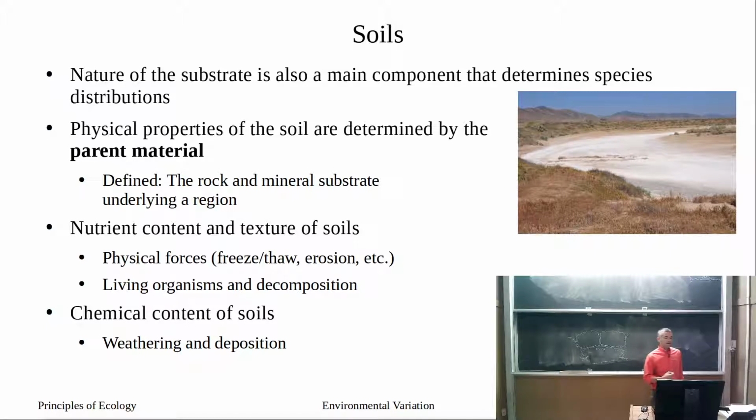All right. That substrate that we're talking about is basically the soils. We can talk about the rocks, but the rocks are going to be weathered ultimately into our soils. And the type of soil that we're looking at is determined by what's called the parent material. The parent material is the rock and the mineral substrate that underlies the region.